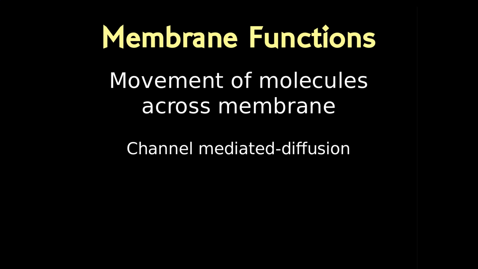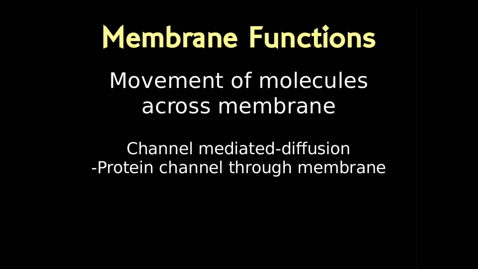There is also another kind of transport that we call channel-mediated diffusion. In this case, we're still relying on diffusion, just diffusion moving something across. However, we have some sort of protein channel through the membrane that allows those molecules to get through.